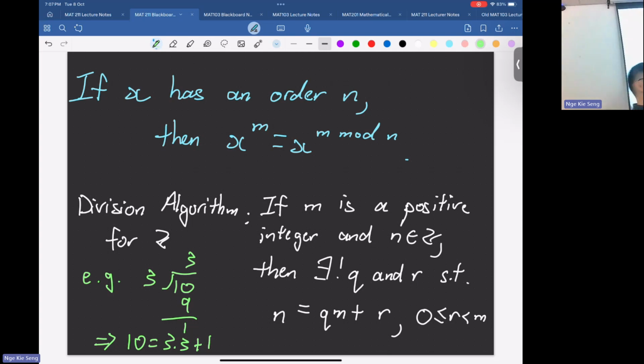So in our case here, what is this n mod m? Here we can define r to be n mod m. By definition, this is the remainder you get.